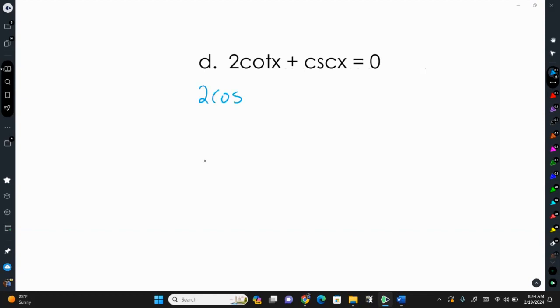So 2 cosine x over sine x, and we can change cosecant to 1 over sine x. So now we have some similar trig functions, and what we can actually do is factor out a 1 over sine.